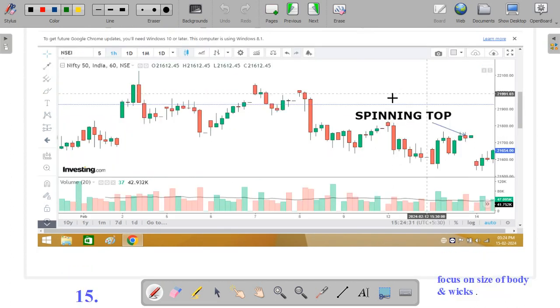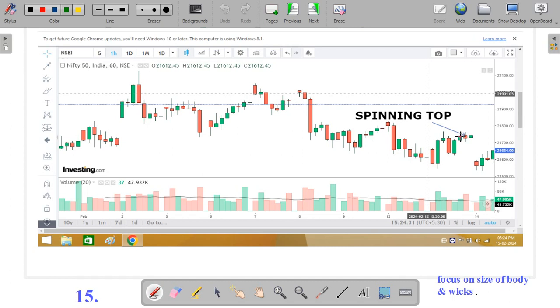Now another is your spinning top. In a spinning top, a small body is found. Say previously the difference was 20 rupees, now it will be a 50 or 60 rupees difference. But the size of the wicks is equally up and equally down.